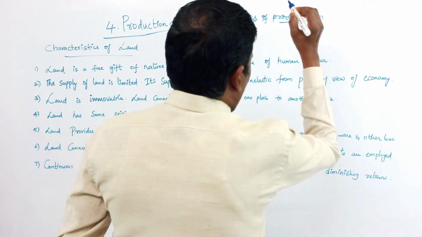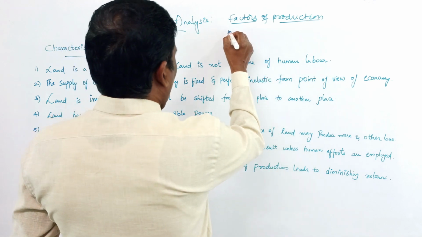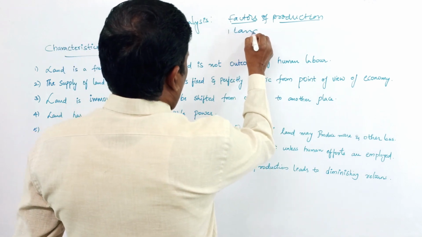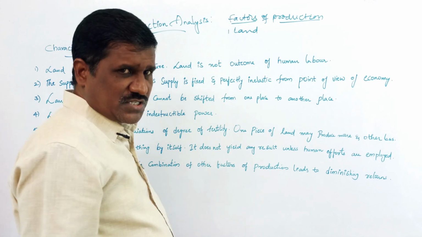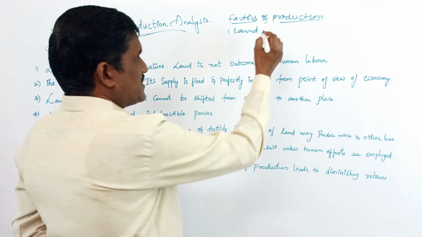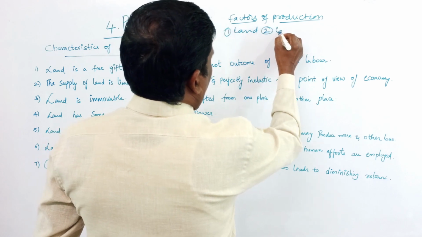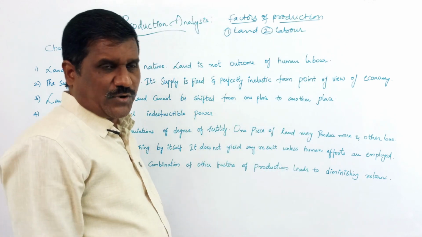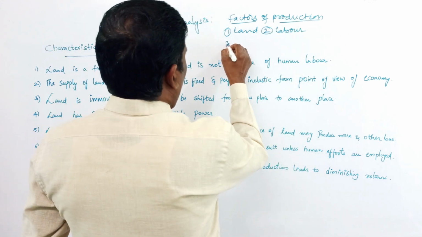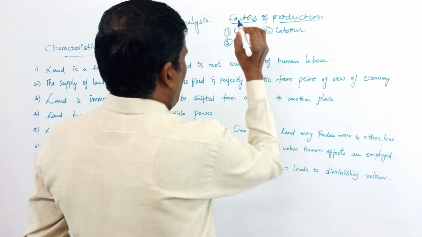Factors of production: one is land. First, land is a factor of production to produce any goods and services. Second, labor. This is also one of the factors of production. Third, capital.